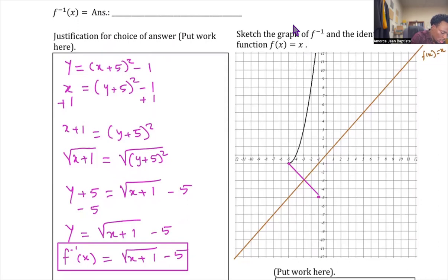You can also use your graphing calculator to find points. And then I also see this point here that I can find its symmetry. As long as I can find 2 points, I'll be fine.